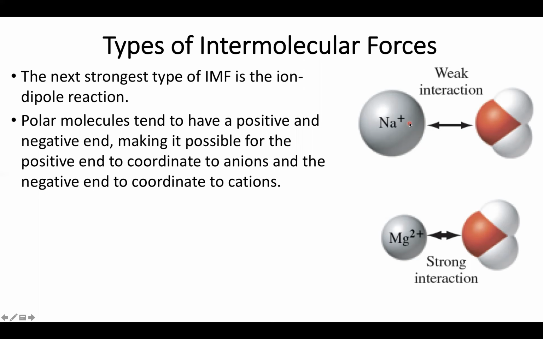So these tend to occur when you have an ion interacting with a dipole or a polar molecule. So this would be something like water that has a positive end and a negative end all the time. So that positive cation will be attracted to the negative charge of the molecule. And if you had an anion, it would be attracted to the positive end. So these two hydrogens.